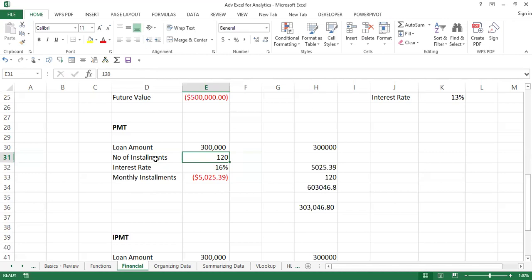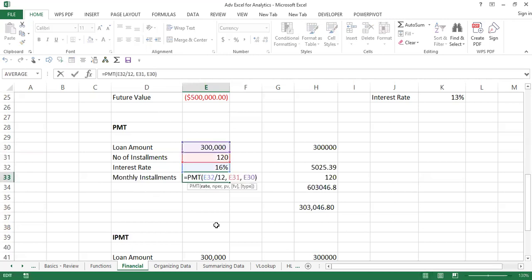So number of installments, or you can call it periods. Number of periods is in months, 120. Interest rate is 16. So now I want to calculate the monthly installments that should be paid to clear up this loan.